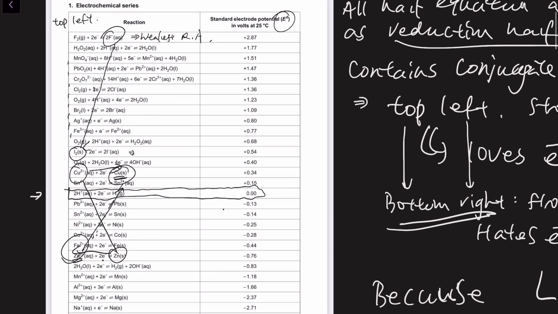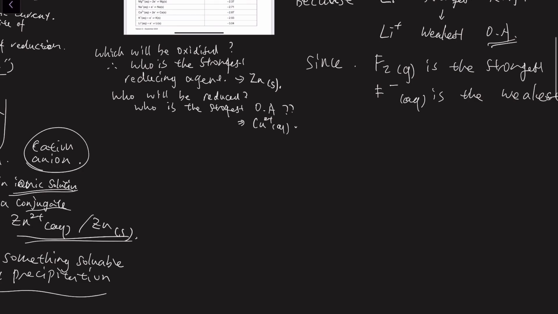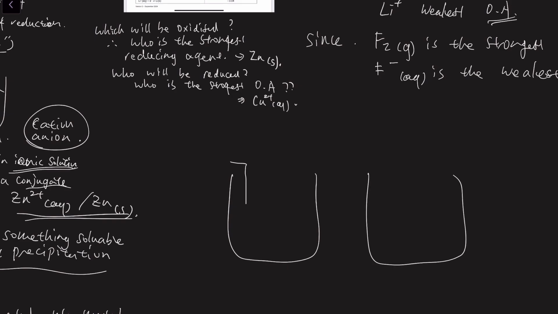The way you set up this experiment is you have two cells. And the first cell is always fixed.